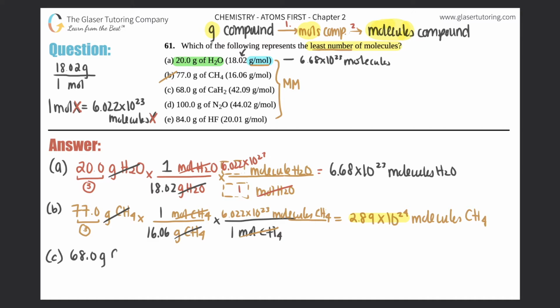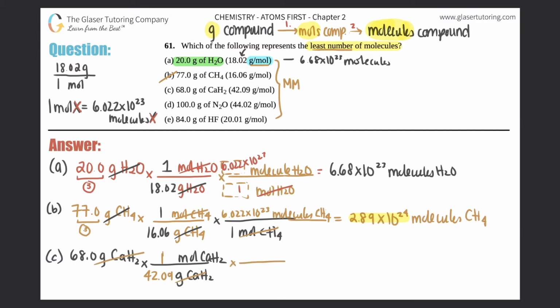68.0 grams of CaH2 times that ratio: grams of CaH2 on the bottom, mole of CaH2 up on the top. They gave us the molar mass, so 1 mole equals 42.09 grams.